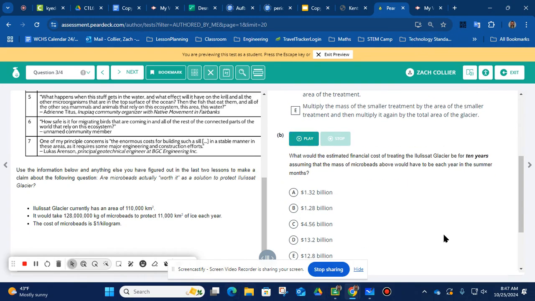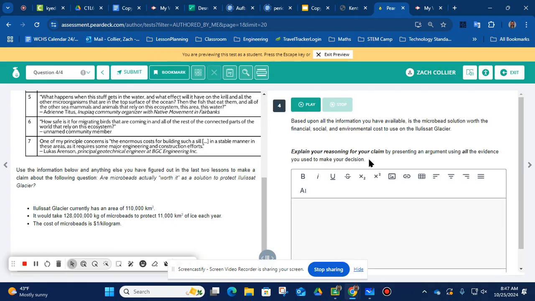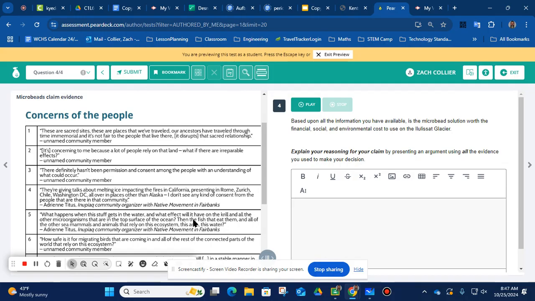The last one here, let me just go over it real quick before we end. So this one, based on all the information you have available, and I'm going to try to add some more information about the environmental aspects or the ecosystems. You've got some questions here, right? How safe is it for migrating birds? So these are like environmental concerns.